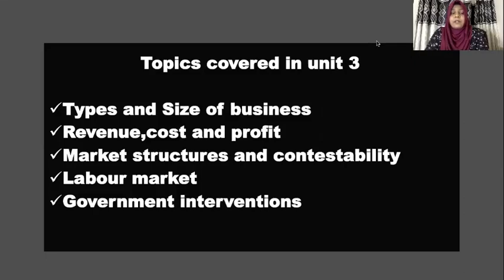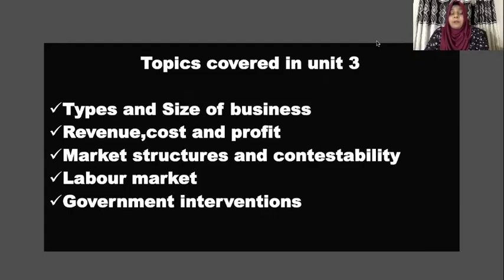You also need to learn different cost, revenue, as well as profit calculations and how to show these things in a graph, because as part of objectives and the graphs that we are going to use in unit 3 for market structure interpretations such as profit graph as well as loss graph, these graphs are important.